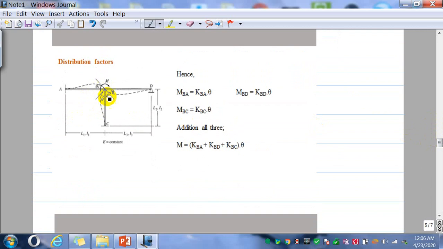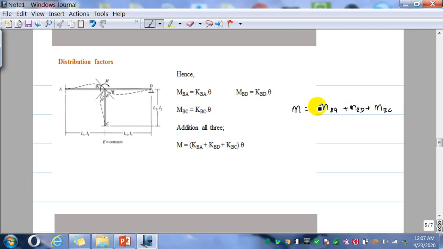Now if you look at this moment M, M is equal to MBA plus MBD plus MBC. All the component moments, you sum them, it is equal to M, because M is applied that rotates this point, and the internal ones are MBA, MBD and MBC.